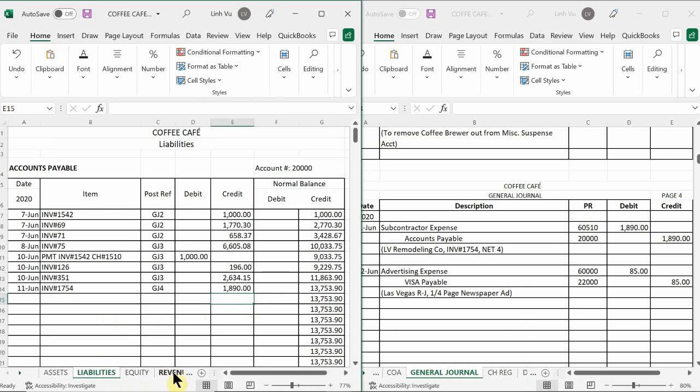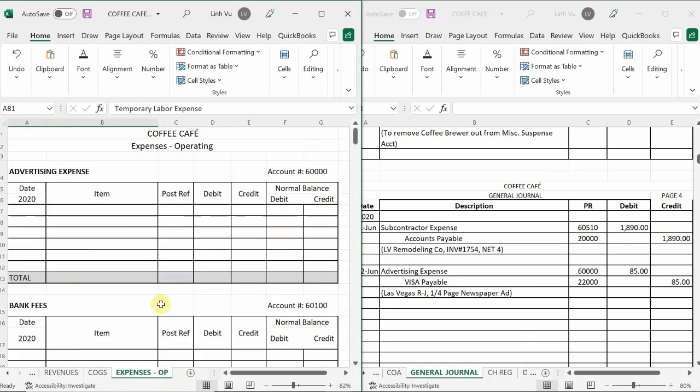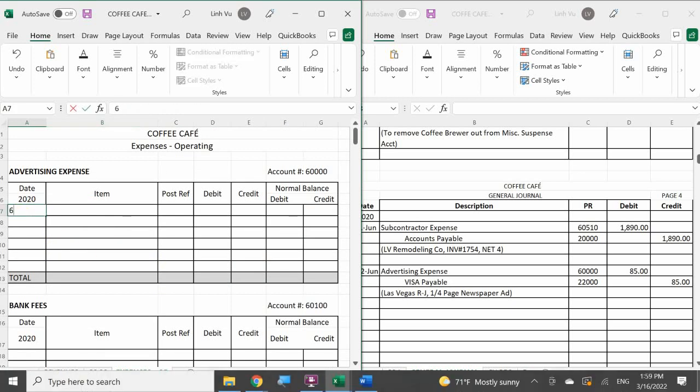So in this case, we finally have some advertising expense. Today is the 12th. We purchased a quarter page newspaper ad. General Journal number 4 here, and we paid $85 for this newspaper ad.